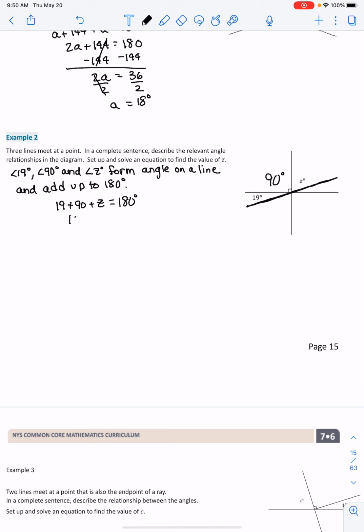So now I have 109 plus Z equals 180. So if I subtract 109 from both sides, I have Z equals 71 degrees.